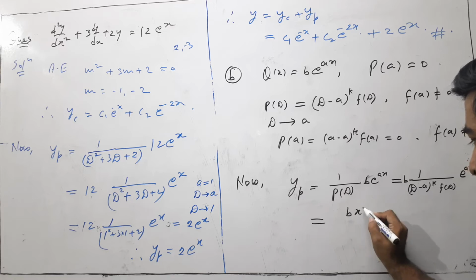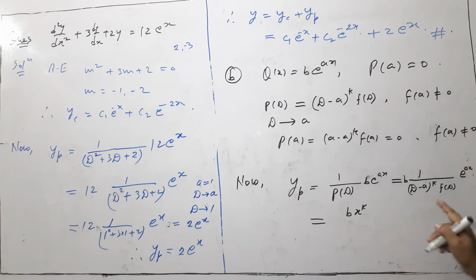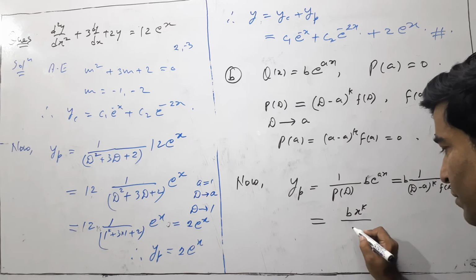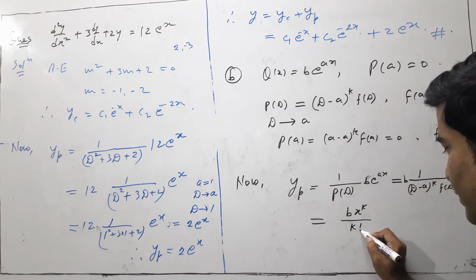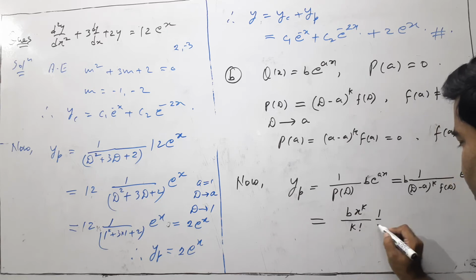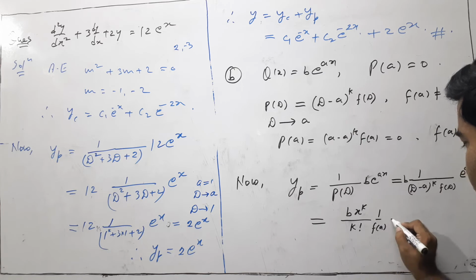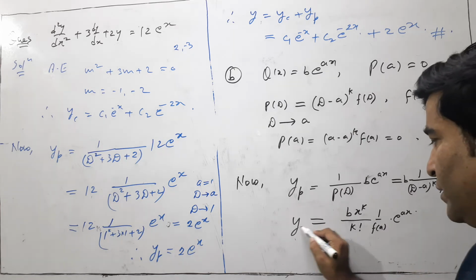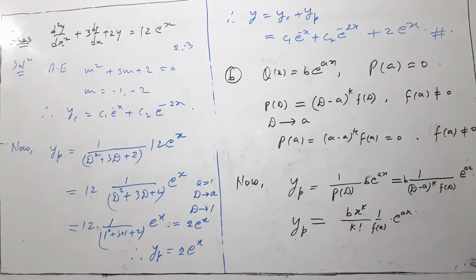So this gives us V x^k. Here the multiplicity of the factor (D - a) is k times, so we take x^k over k factorial, and 1 over f(a) e^(ax). This is the particular integral.